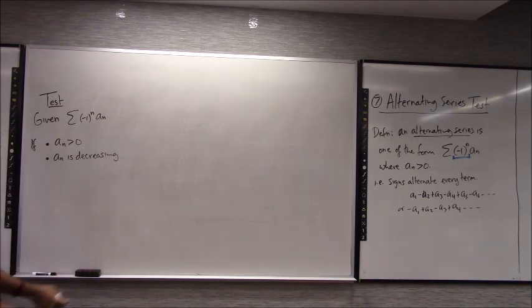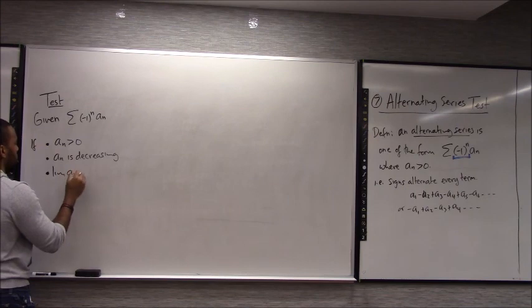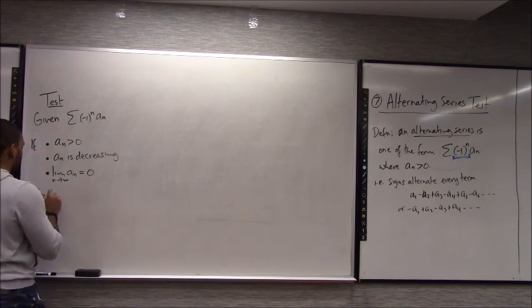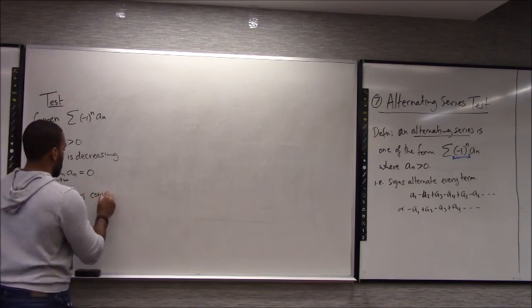It means the derivative is negative, or a_(n+1) is less than or equal to a_n for every n. And at the same time, the limit approaches 0. Right? So a limit being 0 does have some significance for this particular kind of series, provided these other two bullet points are occurring. So if all three things happen, then the series converges.